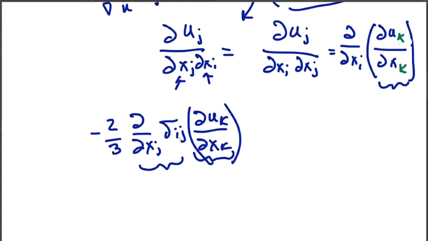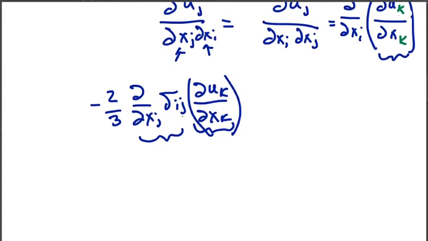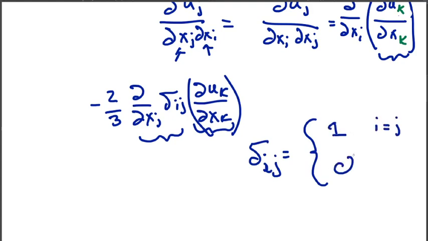xj contracts with this delta ij, our Kronecker delta. So what's the delta ij do? As a reminder, delta ij, right? This takes one of 2 values. This is 1 if i is equal to j, and it's 0 if i is not equal to j.